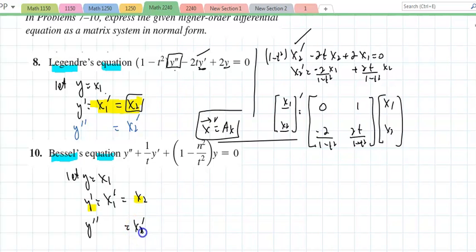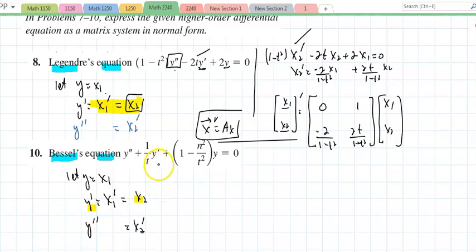And if I was going to go higher, we're not in this class, but we do that in other classes, then I would let this be x3, and I'll say y triple prime equals x3 prime. And that's really how it works. But for now, we're going to only focus on second derivative, which is really simple.